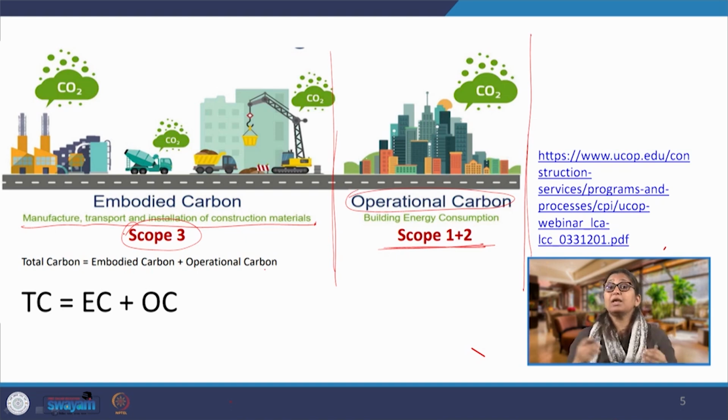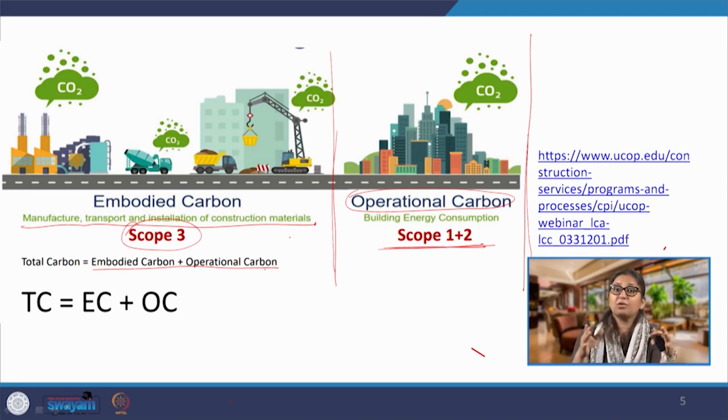The overall emissions from this building life cycle, the entire value chain, are a sum total of this embodied carbon and operational carbon, just as we have the sum total of emissions scope 1 plus 2 and scope 3 as well.